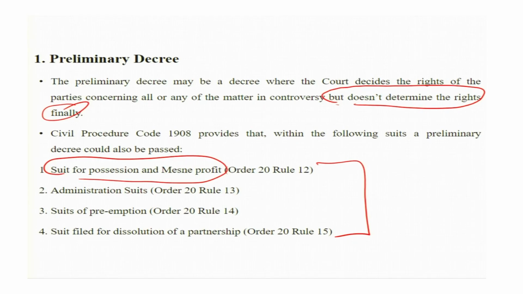Suppose you dispossessed me from my immovable property and you get rent out of that property, then that rent, if there is an improvement, would not be taken back. But if you have recovered something illegally, because you are not entitled to this rent, I am entitled because I am the real owner of this property.